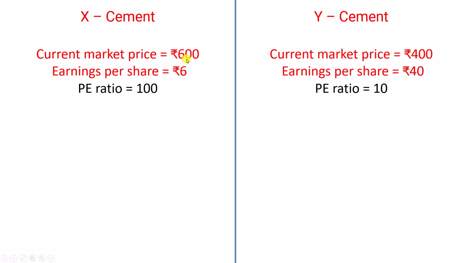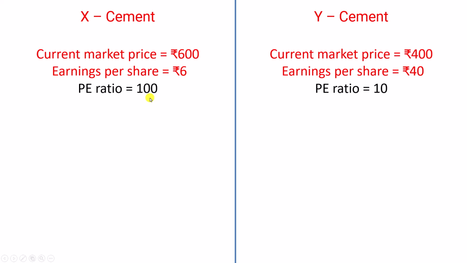If, for example, you buy one share of this company X by paying 600 rupees, and if the company gives 6 rupees earnings per share every year, then to get back your 600 rupees, it would take 100 years.